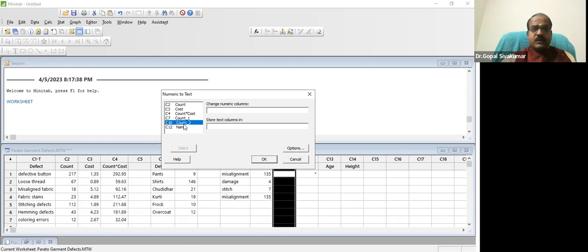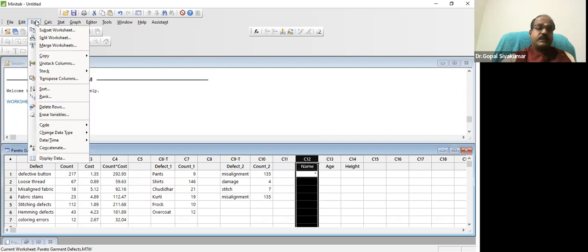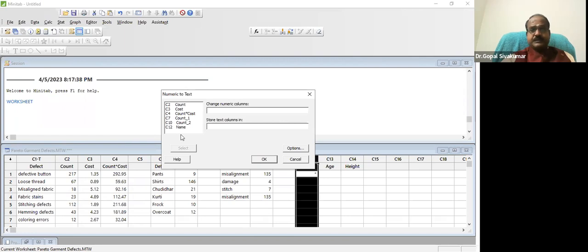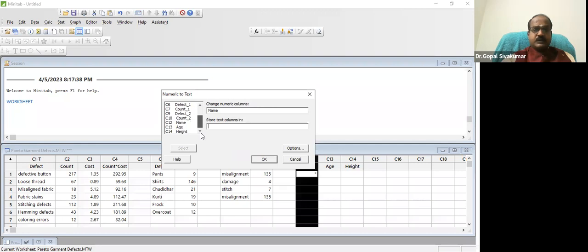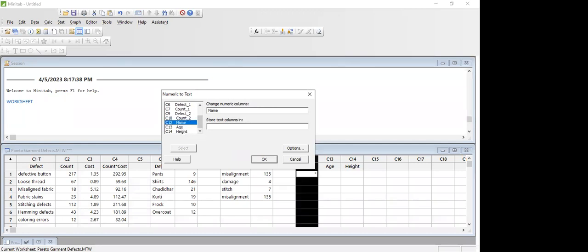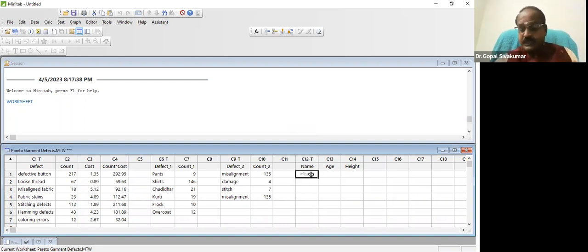Column 12. I think it should be fine now. All right. So I have changed the formatting here so that I can type also.